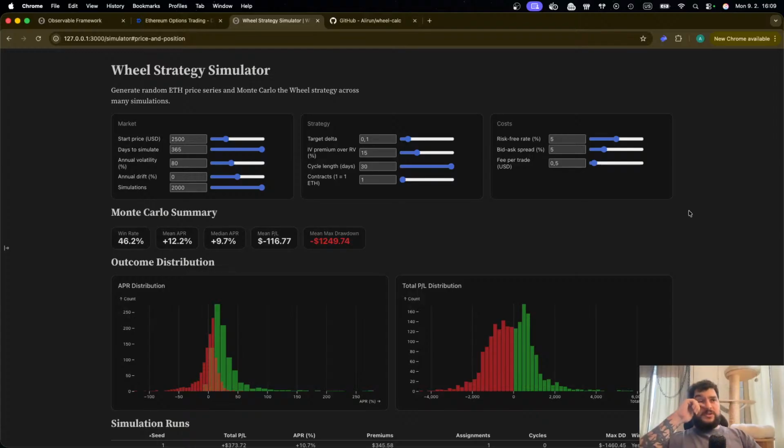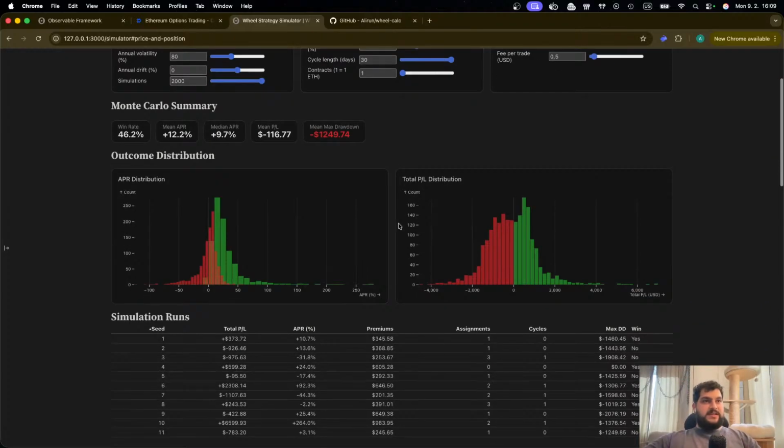Would be interesting to somehow compare different strategies. I don't know, maybe we can save here. I don't know yet, I'll keep it in mind for now. Now, okay, we have all the simulation, it makes sense.